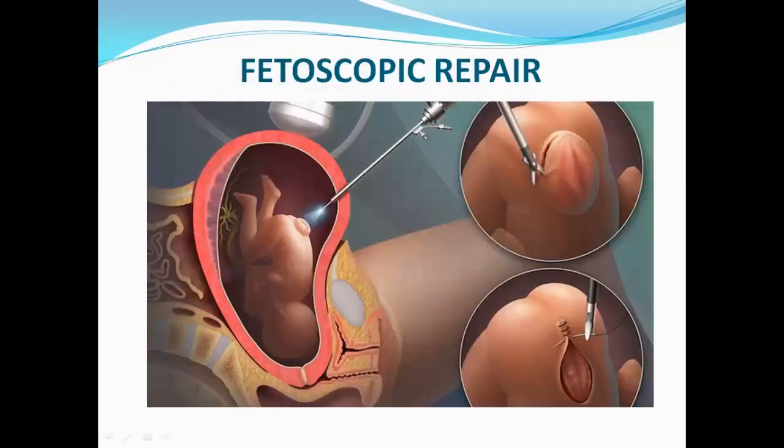So here we can see the fetoscopic repair, where even before the birth they try to repair the neural tube defect, where they will put the tissue back into the spinal cord and try to cover it with the skin. So this is the laparoscopic or fetoscopic repair which will be done.